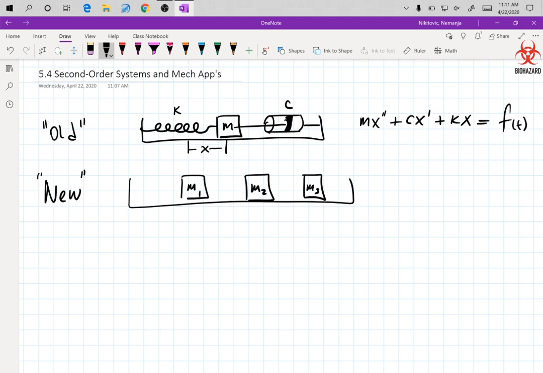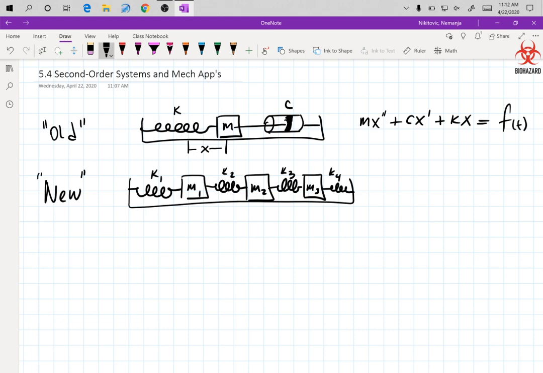You can have as many of these as you want, and they will be connected with springs that are going to have different ks, because k determines the stiffness of the spring. That's the spring constant in newtons per meter.